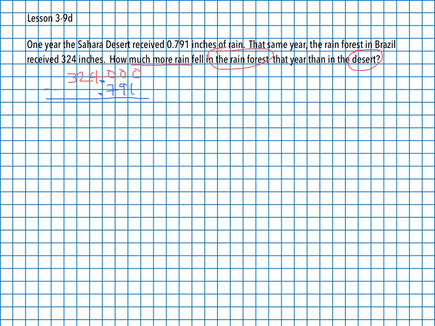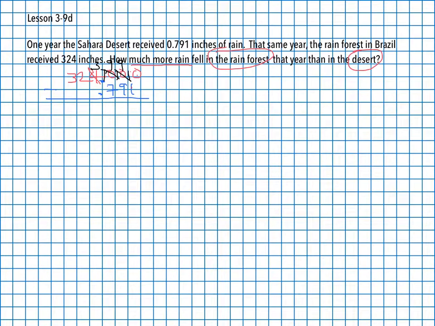Now we're ready to subtract, and we can't subtract 1 from 0, so we go to our neighbor, no one's home, go to our neighbor, no one's home. 4 becomes 3. This becomes 10. Now it becomes 9 and 10.